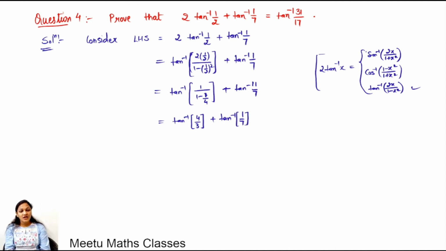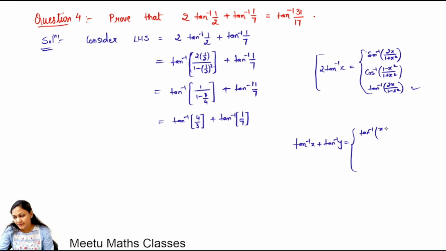Okay. Now again we can add 2 tan inverse functions using the formula that tan inverse of x plus y upon 1 minus xy if xy is less than 1, and pi plus tan inverse of x plus y upon 1 minus xy if xy is greater than 1.